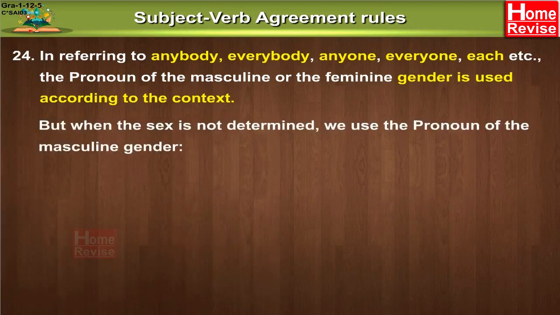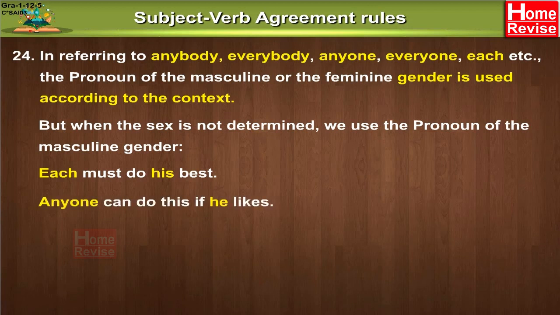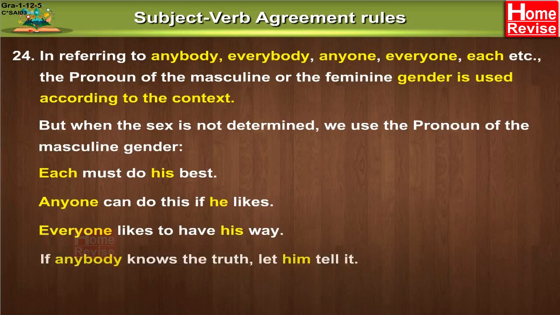But when the sex is not determined, we use the pronoun of the masculine gender. Each must do his best. Anyone can do this if he likes. Everyone likes to have his way. If anybody knows the truth, let him tell it.